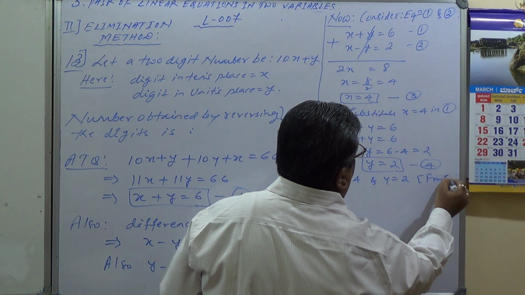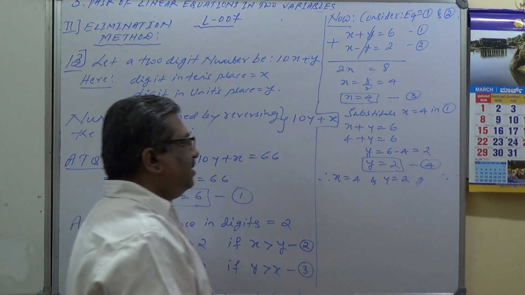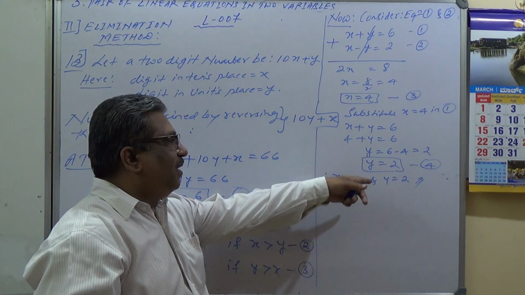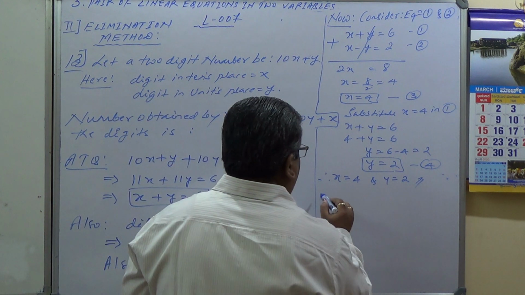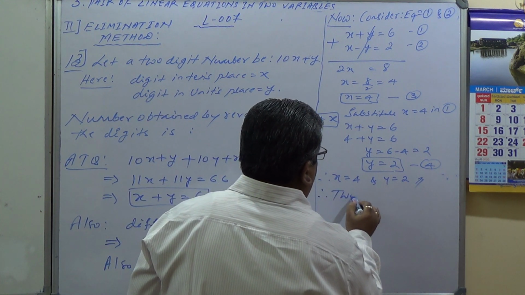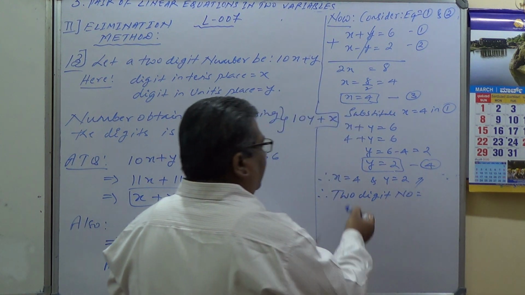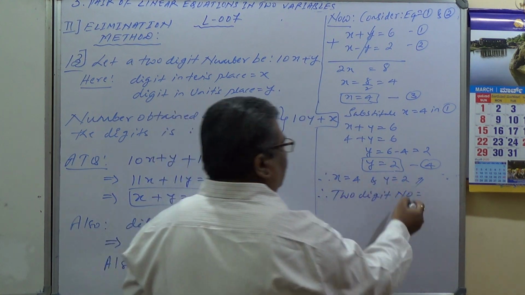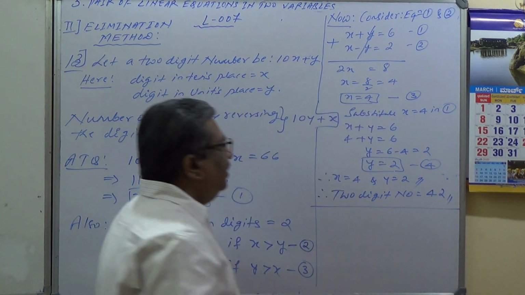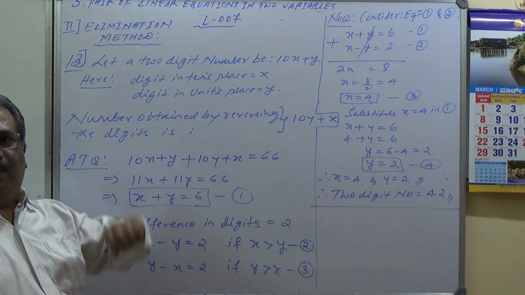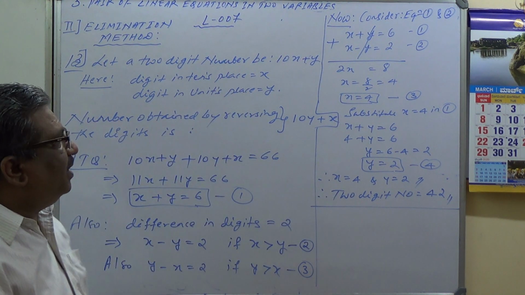If x is equal to 4 and y is equal to 2, what is the two-digit number? The two-digit number equals 4 into 10 plus 2, which is 42. This is considering equations number 1 and 2.